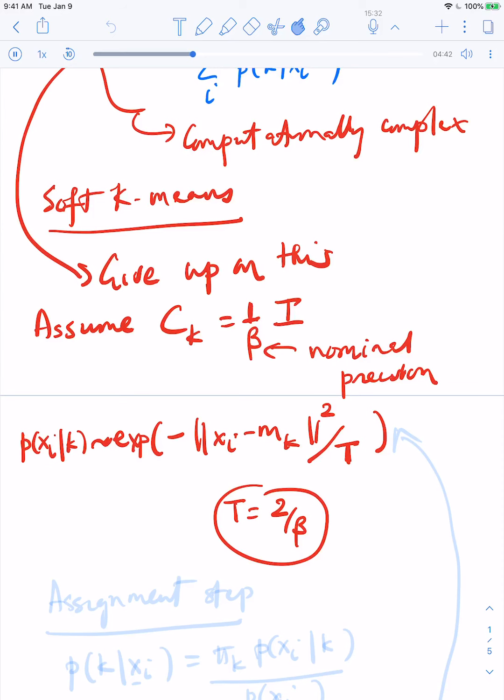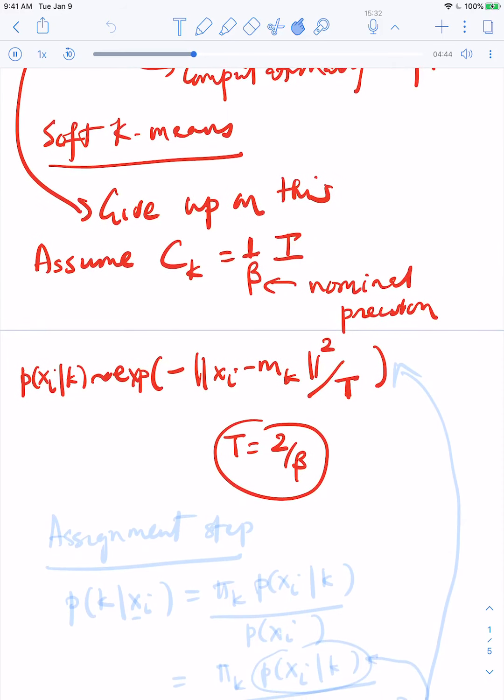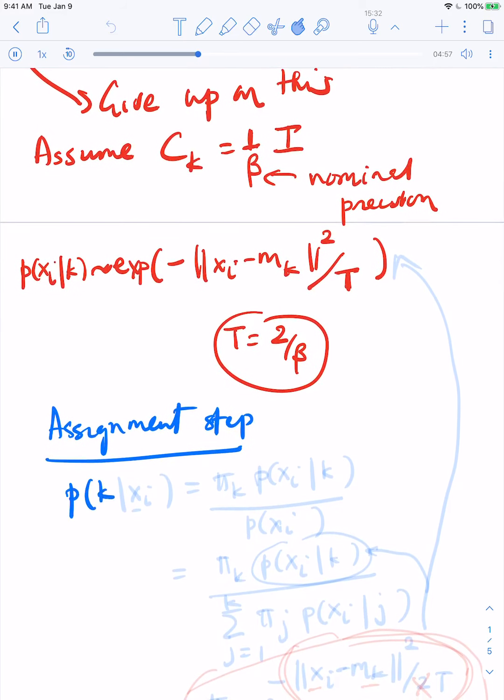Let's talk about both the assignment and the update steps. The assignment step is actually the one that changes more, though both of them change. The assignment step, remember, was computing, using Bayes' rule, the probability of component k given the data point xi, and so it was pi k p of xi given k divided by p of xi.